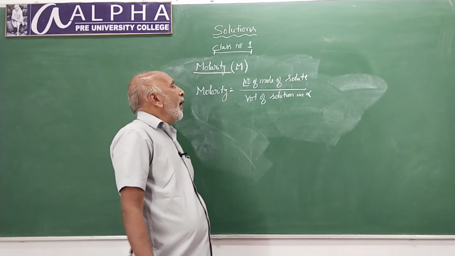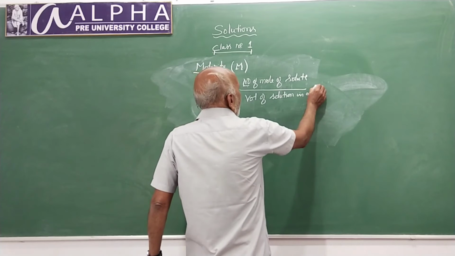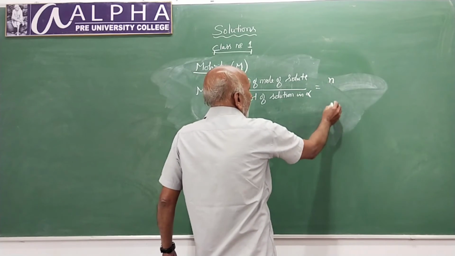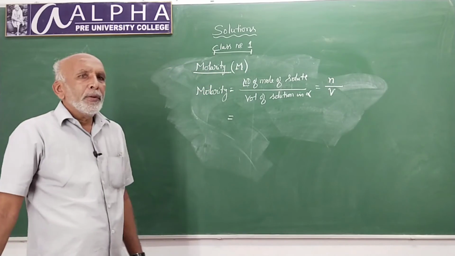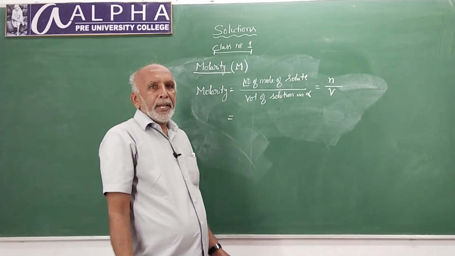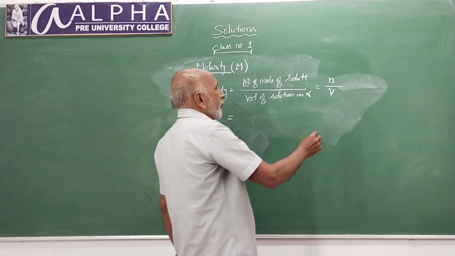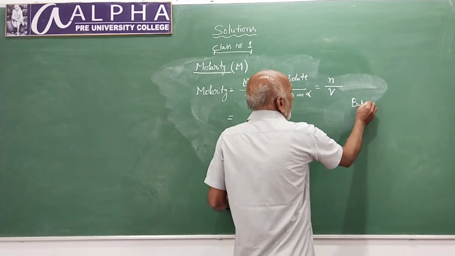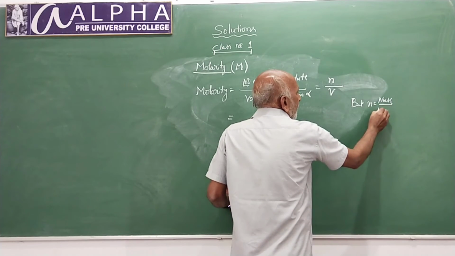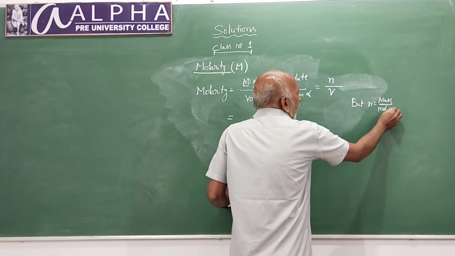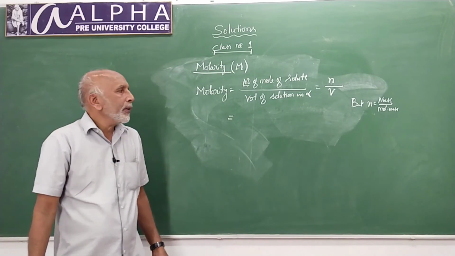We know that number of mole is generally denoted by the letter n, volume denoted by V. V should be in liter. Number of mole n is equal to mass of the substance by molar mass.